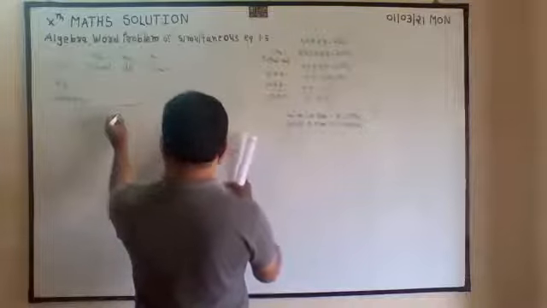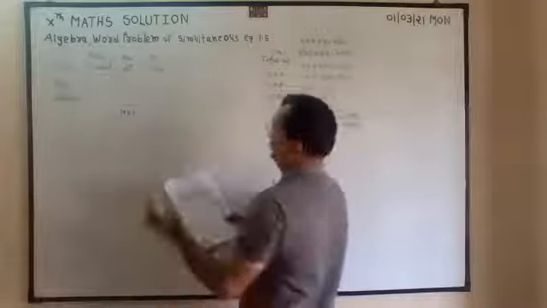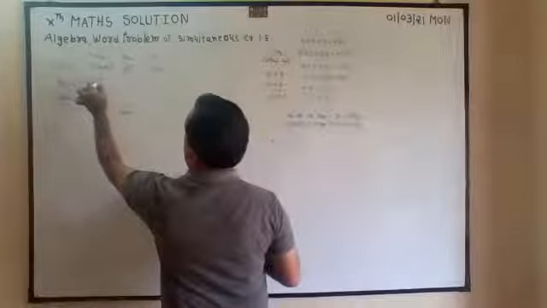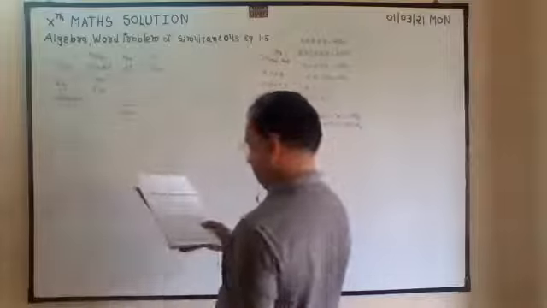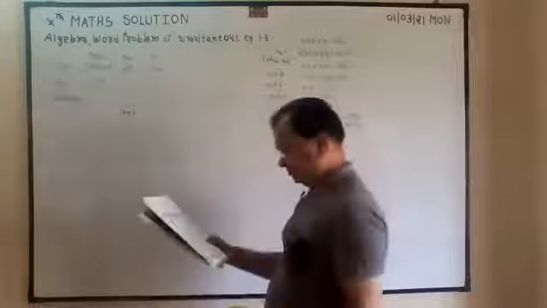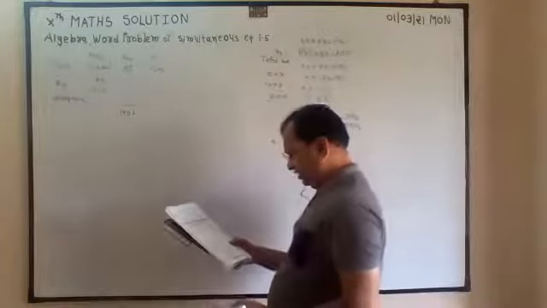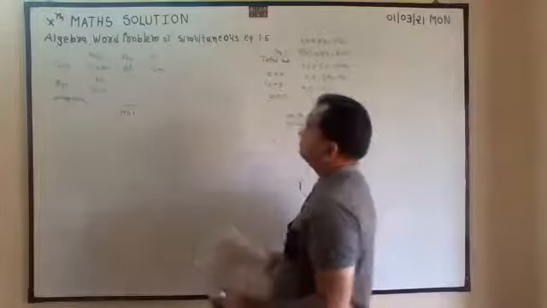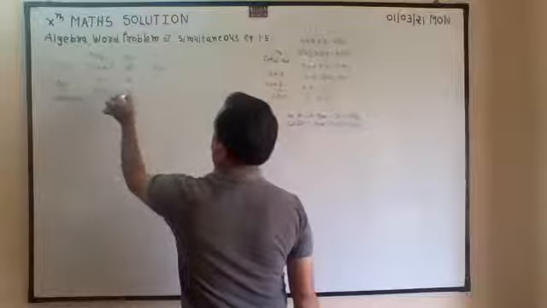Total distance they have given is 1900. Speed is given as 60 kilometer per hour, sorry, 700 kilometer per hour. It takes 5 hours to complete the journey. This distance we don't know, this distance we don't know.